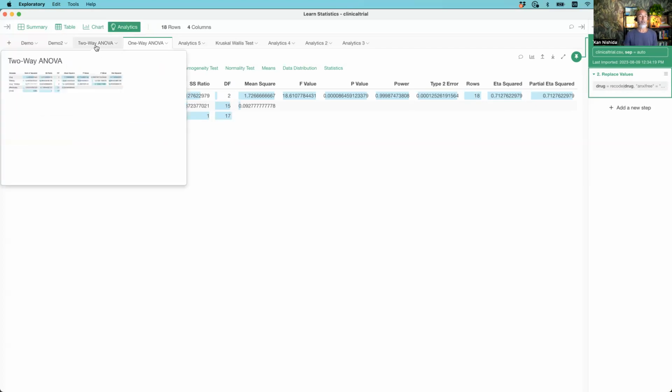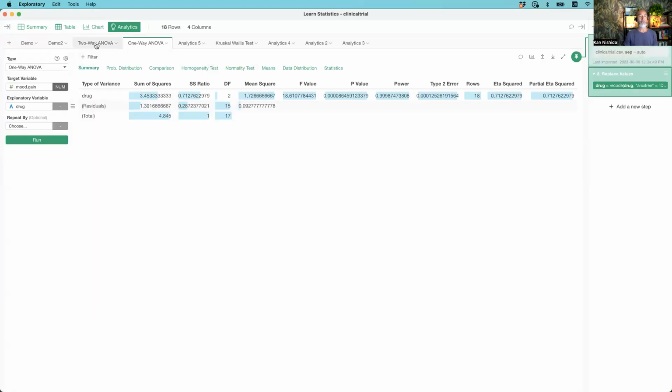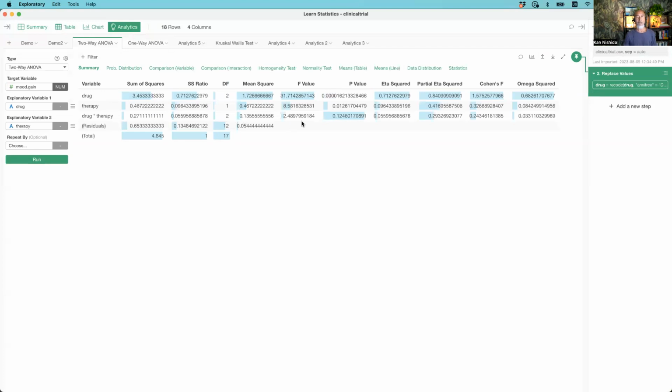Okay, so now when you go back to the two-way ANOVA, this mean square is 0.05 instead of 0.09, so it's been reduced. We use that to divide this 1.72, so the F value tends to become bigger.